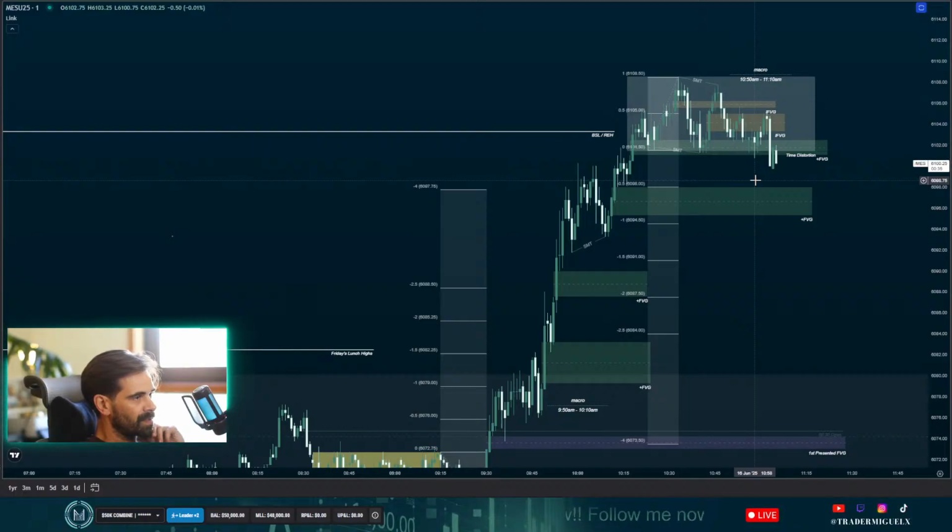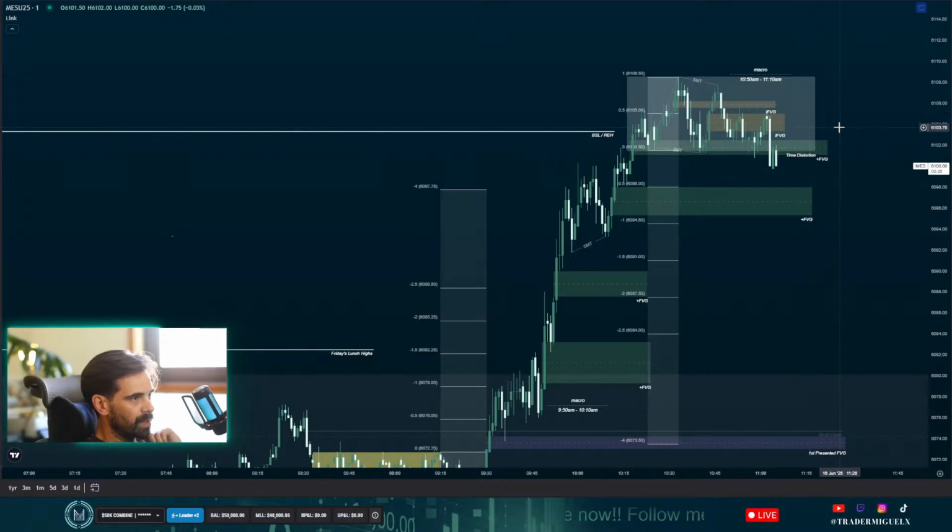Yeah, right now this is kind of suspicious because ES is making a new low, but NQ is not. So NQ is right inside a box still.